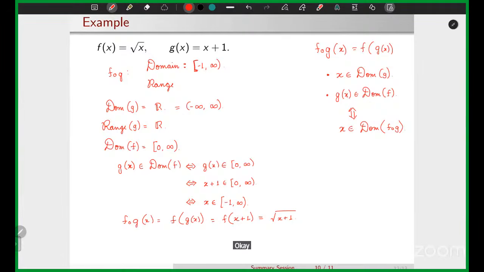And what about the range? Zero to infinity. Open, closed, you need to say something. Closed 0 to infinity. So the range of that is closed 0 to infinity.